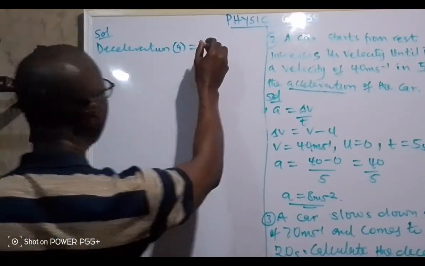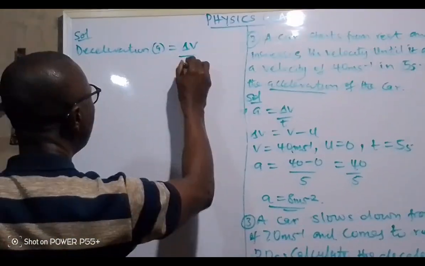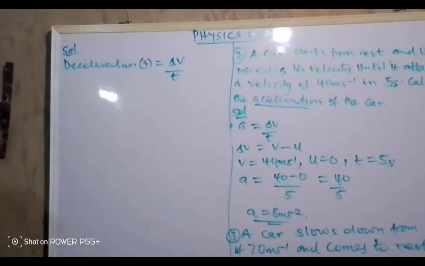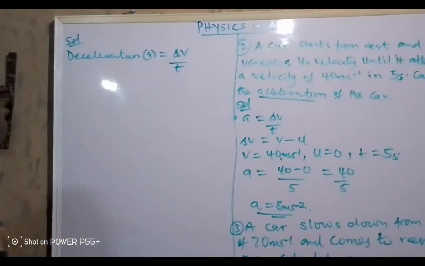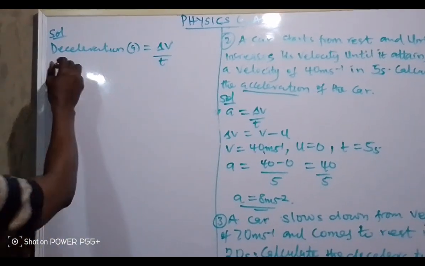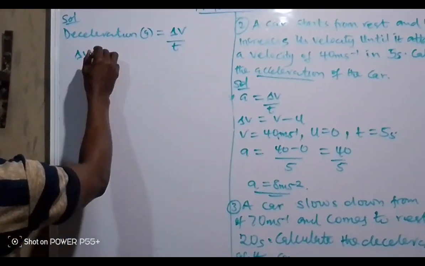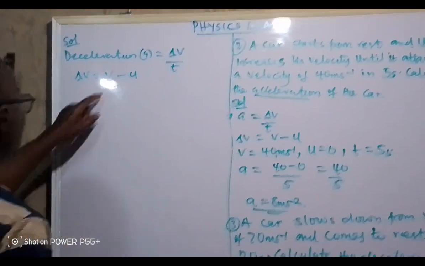That is the decrease in velocity over time taken. Now, don't forget our delta V is V minus U. This one is the final velocity.